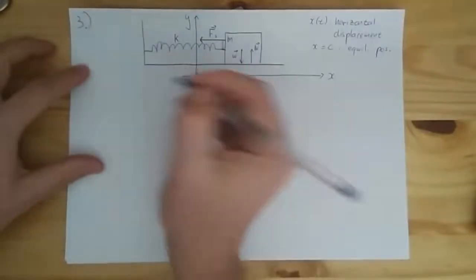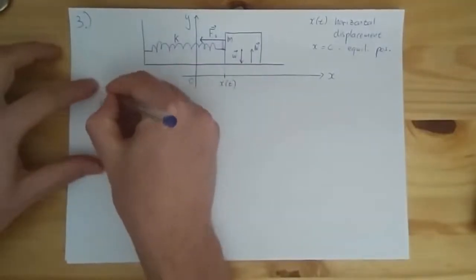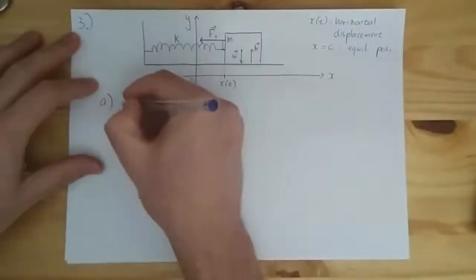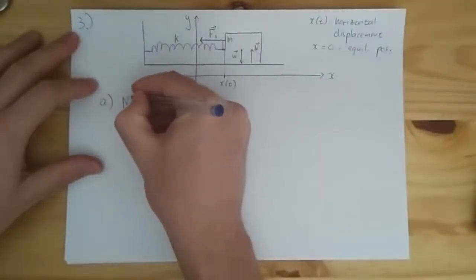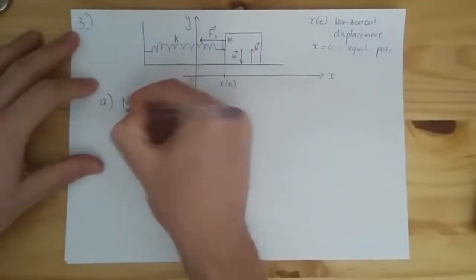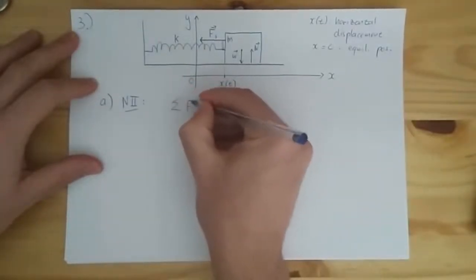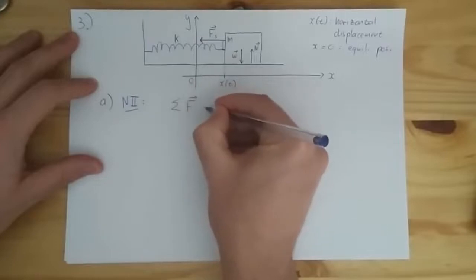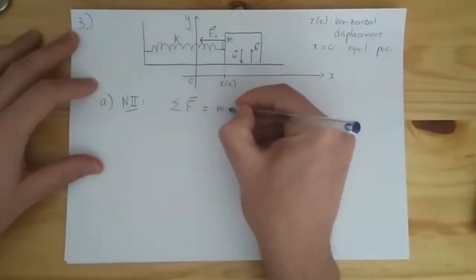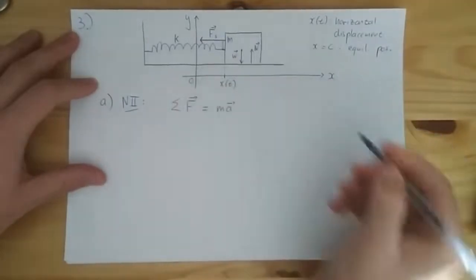Okay, so now I want to indicate that I've got simple harmonic motion. So we saw that how I go about this is just applying Newton's second law with the forces. That just says that the sum of the forces, the net force, is mass times acceleration.